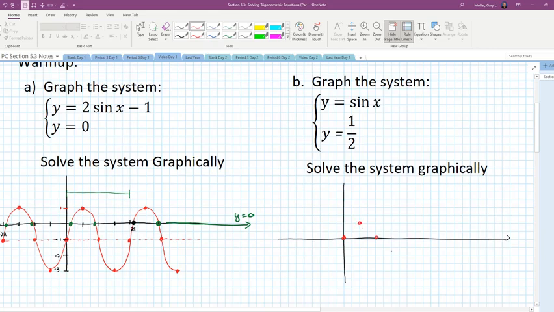I'll add my scale in just a second. Two boxes, two boxes, two boxes. Pretty straightforward. Got my nice curves.